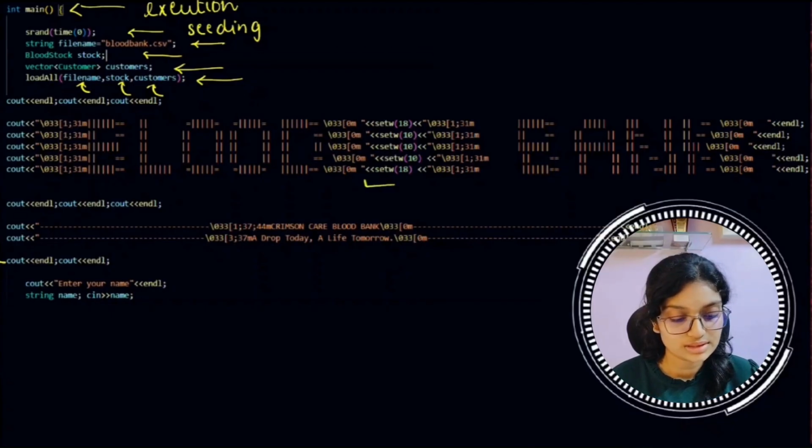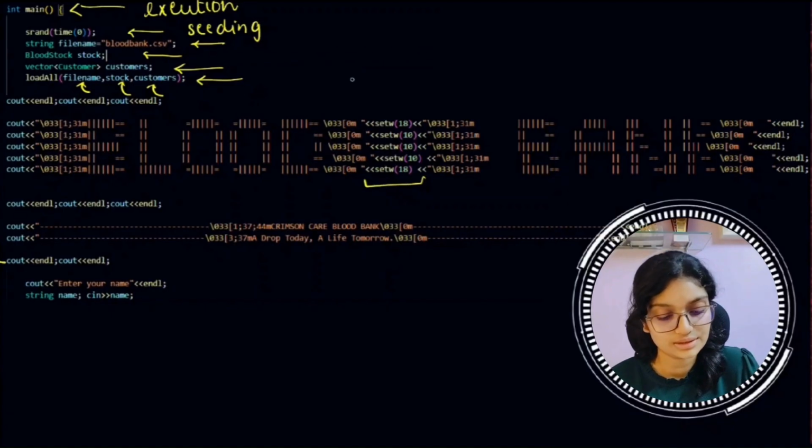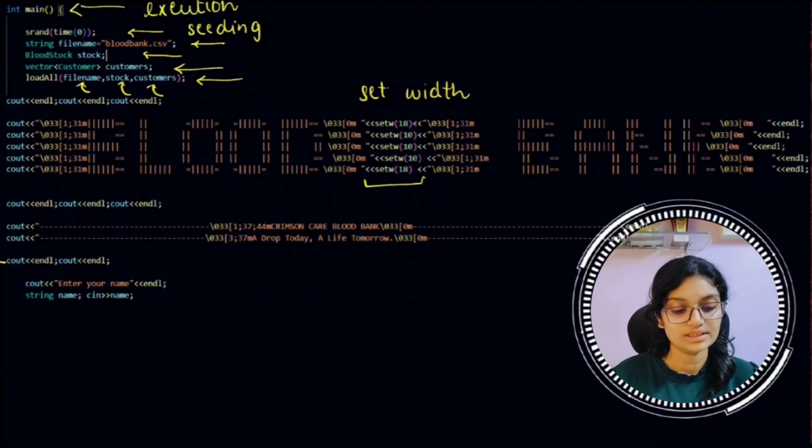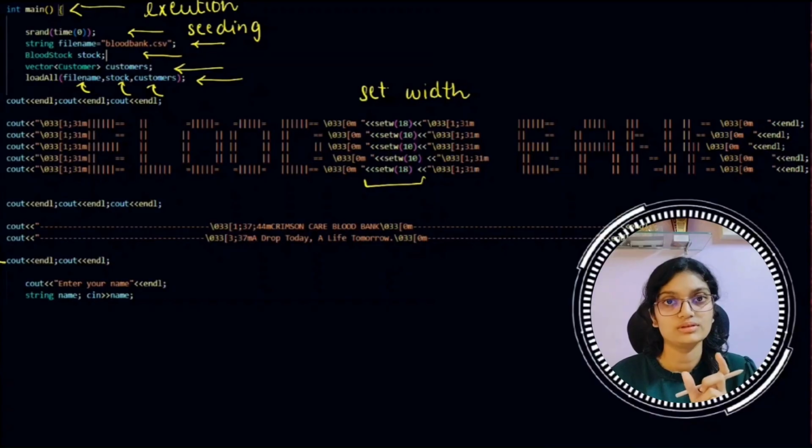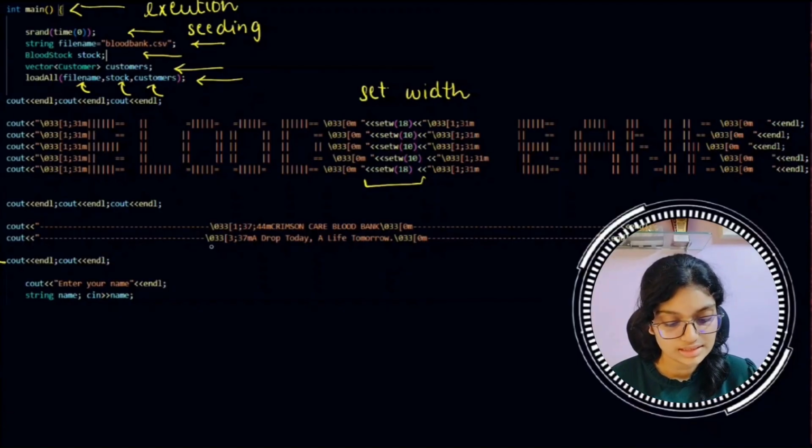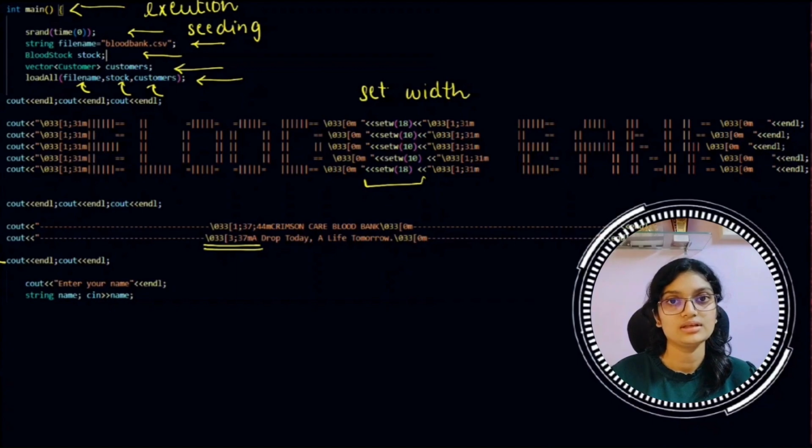Here we have used setw, that is set width, and this mainly helps in setting the field width so that the text looks more aligned and there is a proper gap between the two words blood bank. And these are the ANSI escape sequences, which mainly determine the text style, the text color, and also the background color. You will see when we get the output on the terminal.